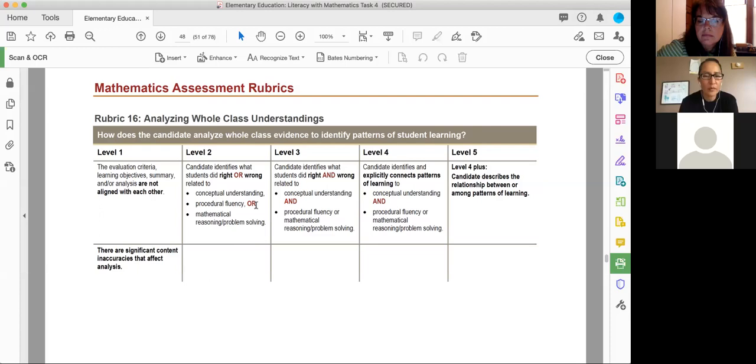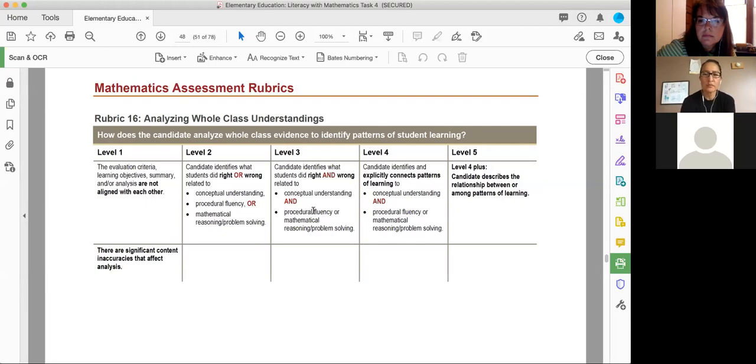And you also should be looking at all three components of that lesson plan and those learning objectives. So when you look for students, don't just talk about in your narrative, or don't just highlight in your chart, the things that students did wrong or right, okay? So make sure you show both, and then you talk about both. And you're talking about all three learning objectives.